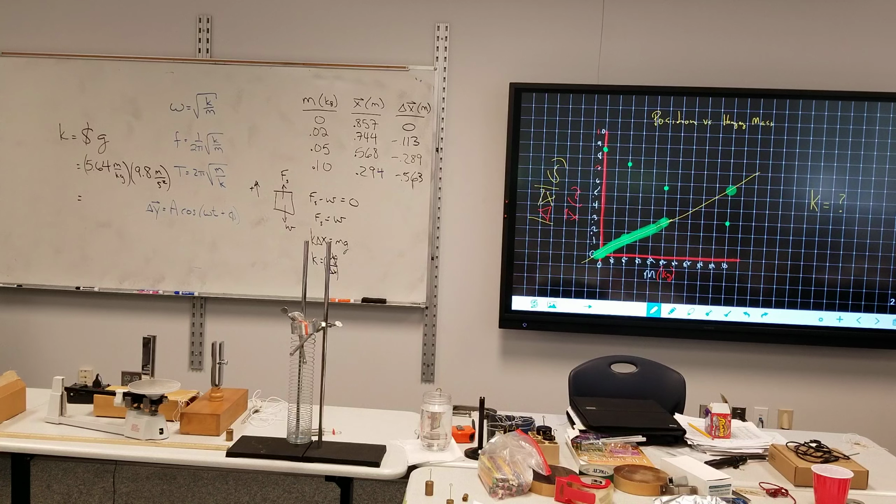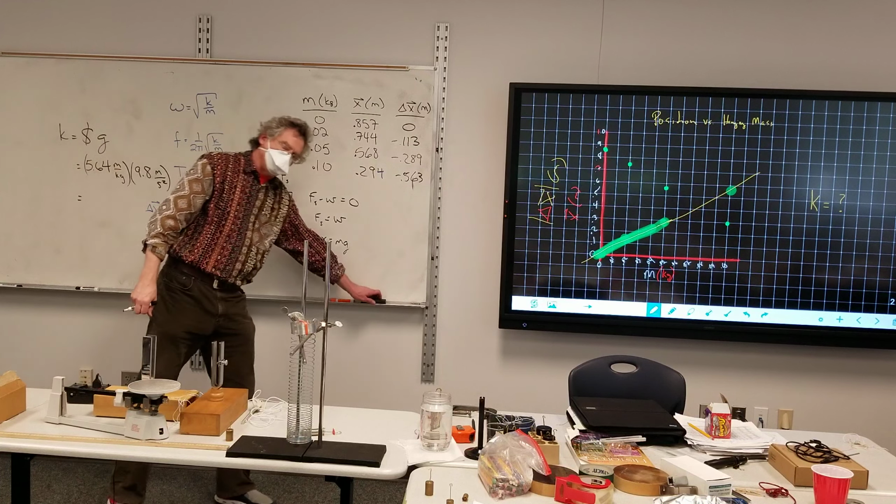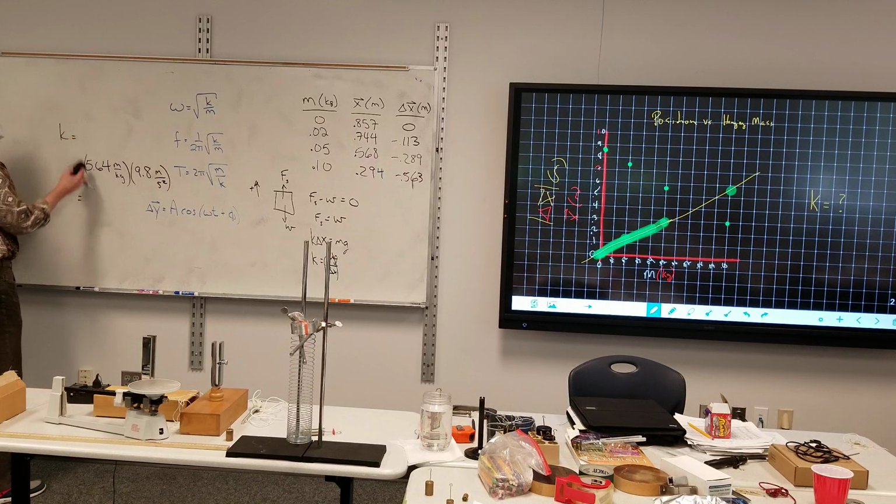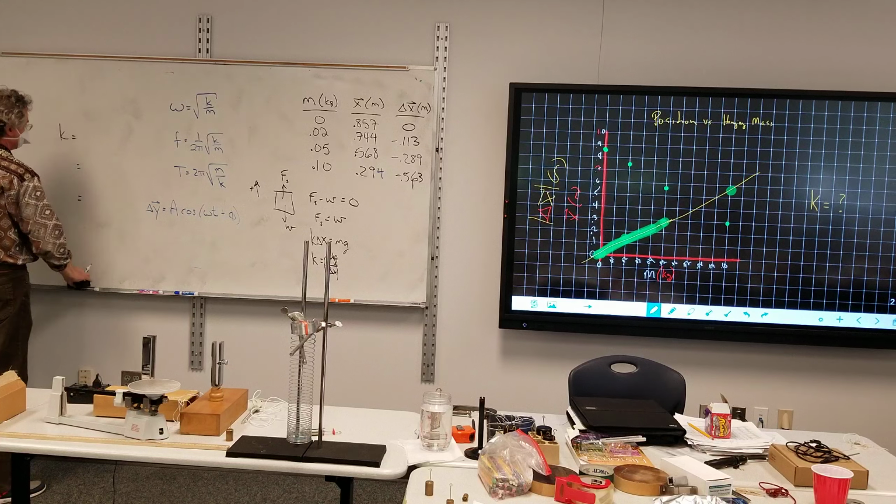We've got something off here. Let's see, we got g. No, that's right. Divided by that, that's right. Oh, I just contradicted myself there.